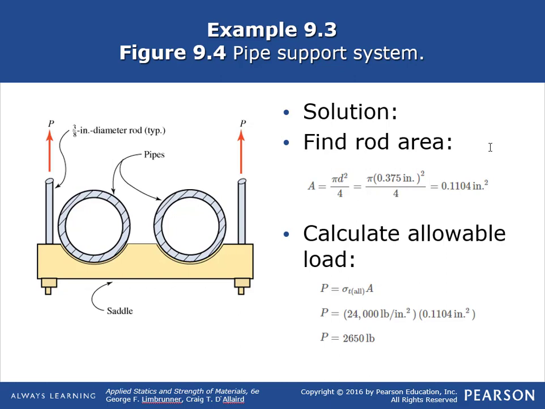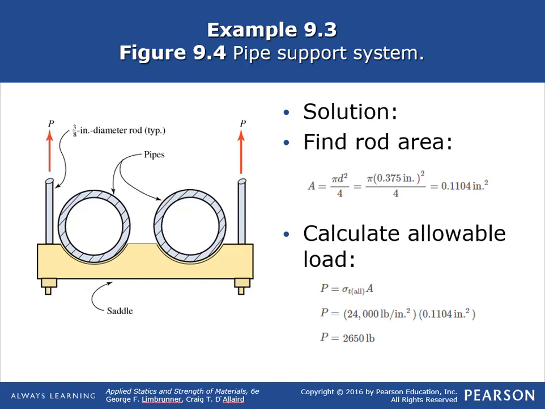Okay, so first you need to find the rod area, which is pi over 4 d squared to calculate the area of a circular section, and then calculate the allowable load. So you rearrange the direct stress equation: P equals the allowable stress times area, and I get 2650 pounds.